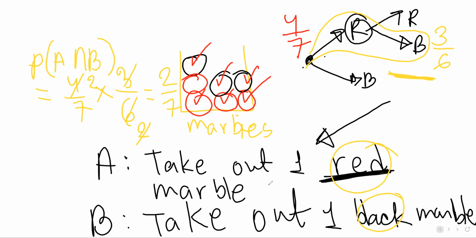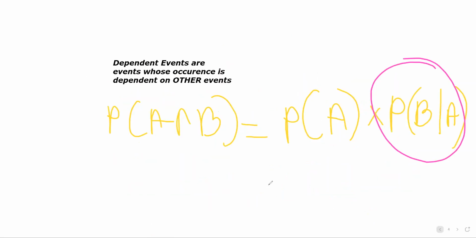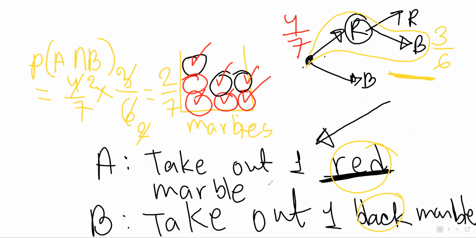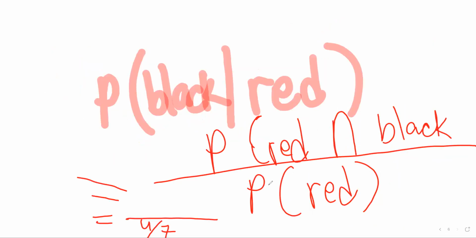Oops, no, it's 4/7 because there are 4 red marbles. So 4 divided by 7. And what's the probability of getting a red and a black? It was 2/7.